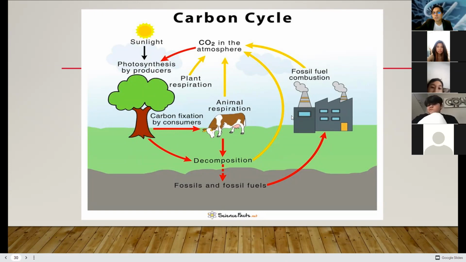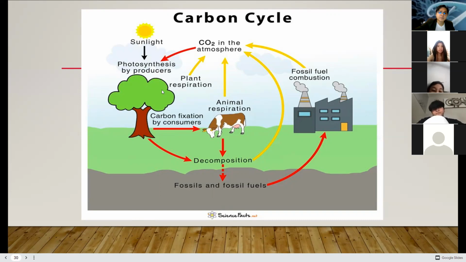Combustion of fuels can create CO2. Animal respiration, including us, we actually exhale CO2. Plant respiration can also release CO2. Here comes the point that CO2 can be used by plants for photosynthesis, so it will be absorbed by plants.